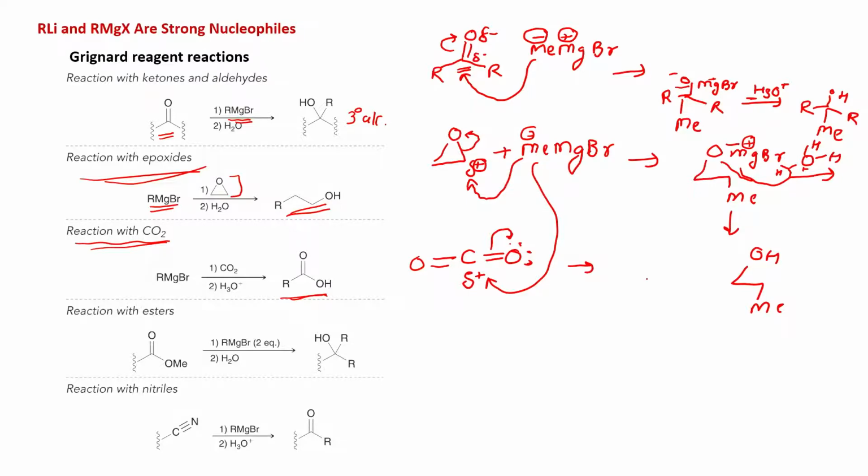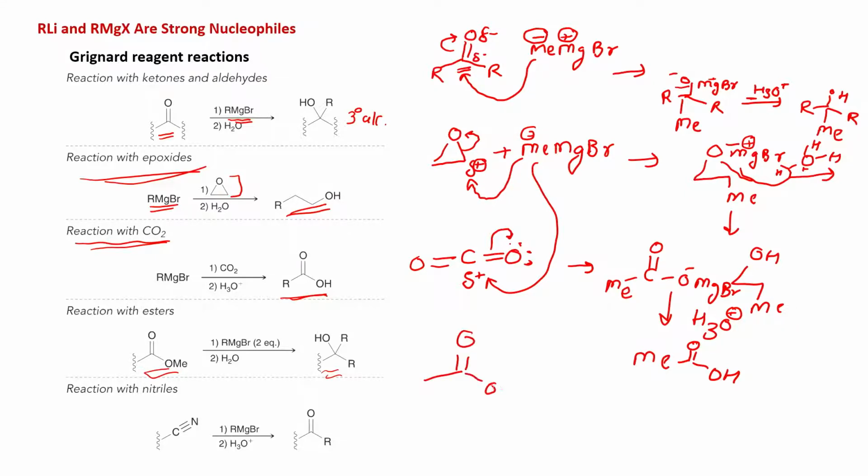It will give you COO negative MgBr, okay, and methyl here, and this will abstract hydrogen from hydronium ion and this will give you carboxylic acid.